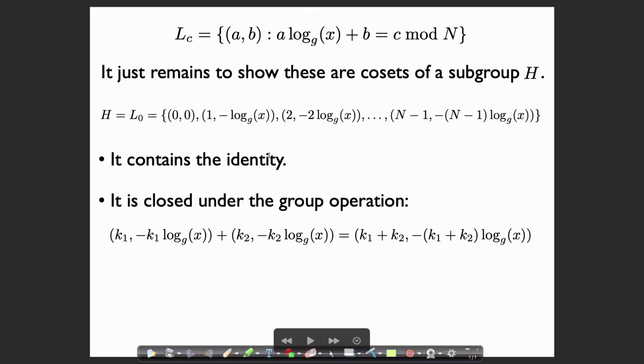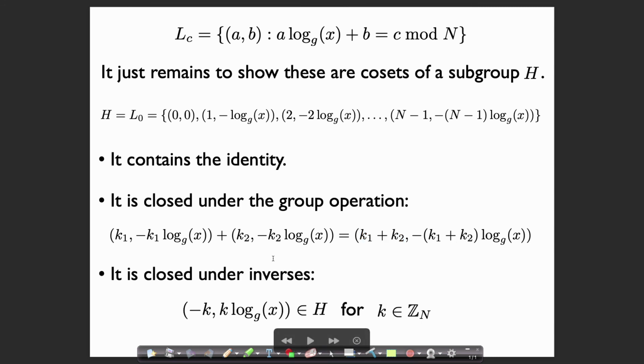That lets us see that it's closed under the group operation. If I have two elements of this set, then when I add them, the result is again of the same form: some number t, comma, minus that same number t times log base g of x.